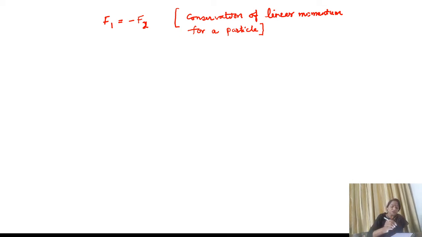The first thing which you should keep very clear in your mind is that by linear momentum, we are concerned with the motion in a line. When I write F1 is equal to minus F2, this simply means that F1 means mass of first particle and its velocity V1, and F2 means mass of the second particle and its velocity, that is V2.